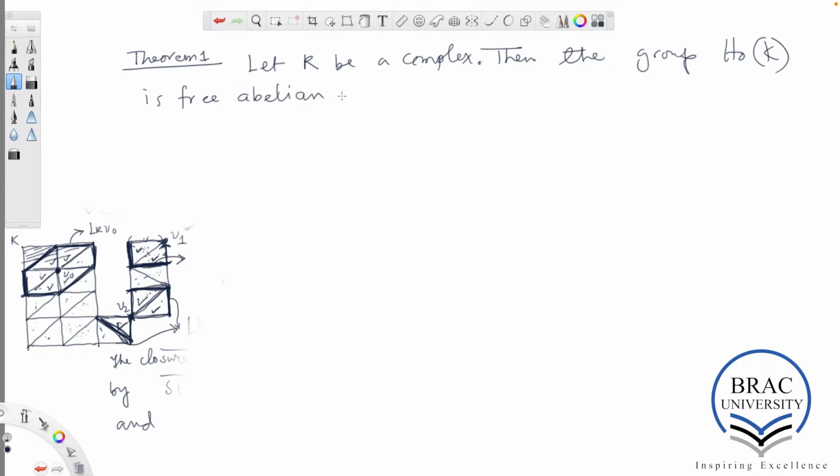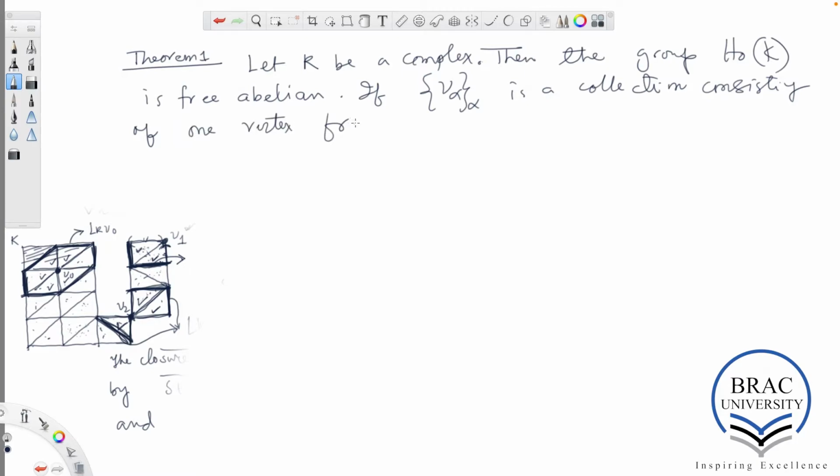Suppose we have a collection of vertices consisting of one vertex from each component of mod K, which is the underlying space of the given complex K. Mod K is a topological space, and it may be a disconnected space, so it has various components.